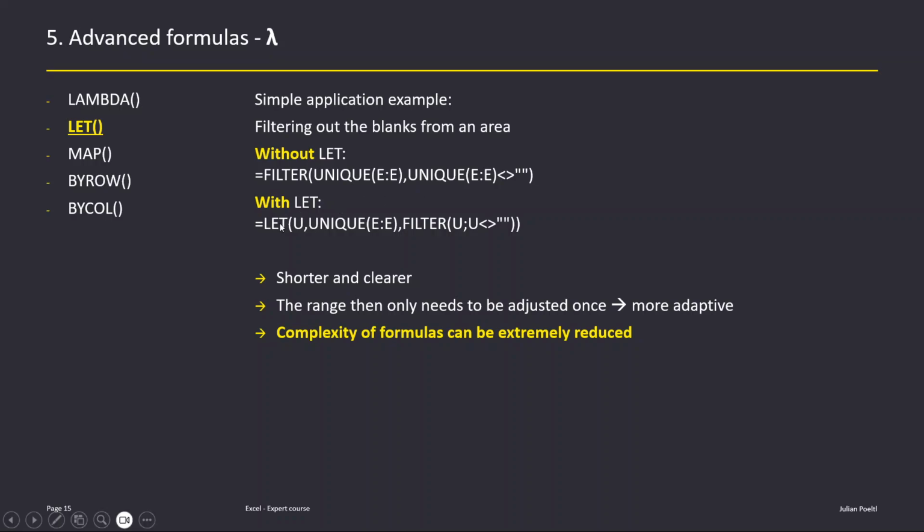With LET, you can type in LET u for unique, then type in the function, and this function will only be calculated once, and then use the FILTER function with u as an argument. It's shorter, it's clearer, the complexity is reduced, the range only needs to be adjusted once, and it's faster because of the improvement in calculation time.